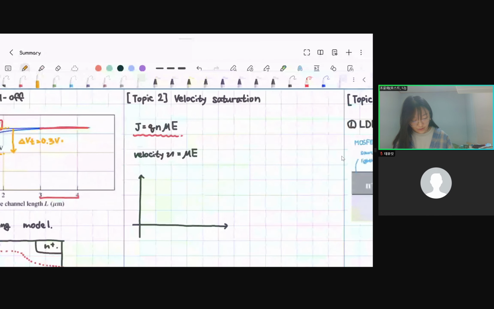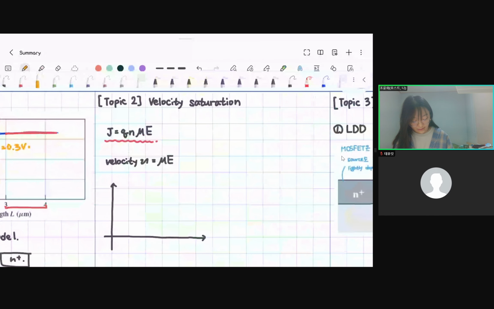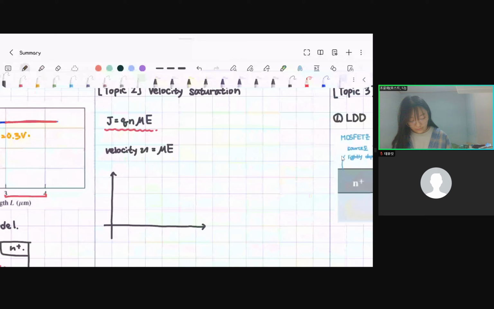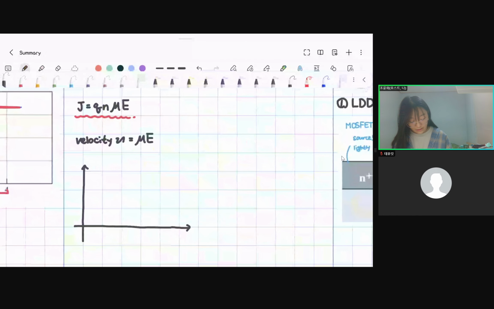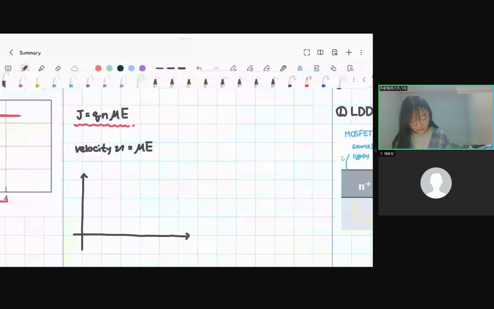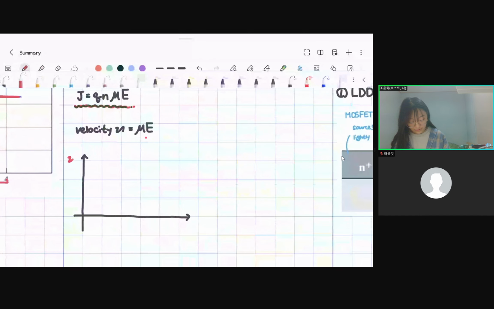The second short channel effect is velocity saturation. As you already know, this formula: J equals Q times mobility times electric field. And we also already know that the velocity V equals mobility times electric field. So we can draw the velocity V and electric field relationship.